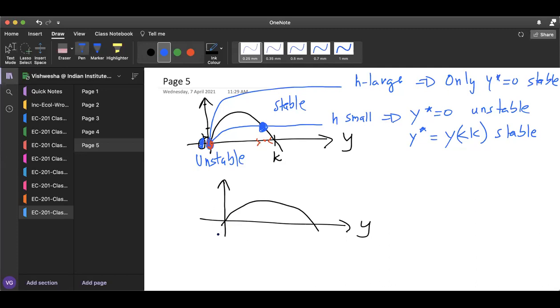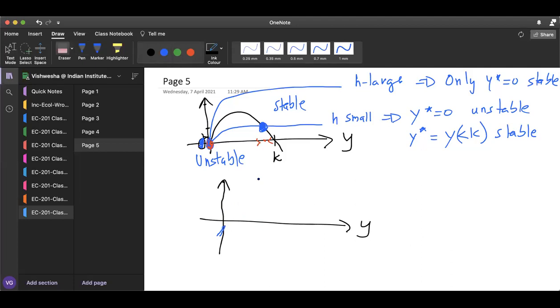I'm writing the harvesting function now. Do you think this is a very, very badly drawn graph? But I hope you're seeing what I'm drawing.